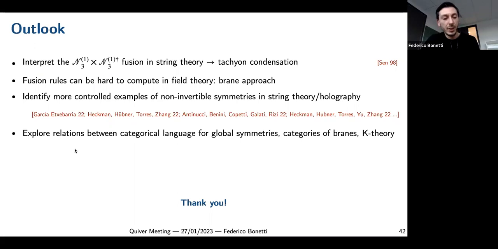Well, I guess that depends on the specific setup. In this example, we have seen that the Myers effect is very much linked to the non-abelian nature, and it was really key to make sense of fusion. But this is just one instance. So I completely agree.